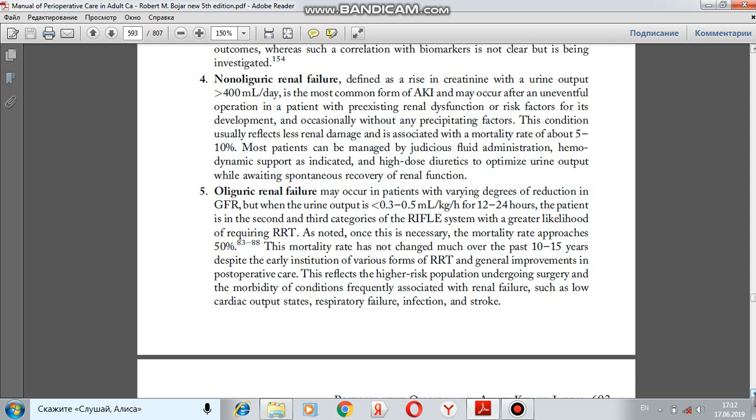This condition usually reflects less renal damage and is associated with a mortality rate of about 5 to 10%. Most patients can be managed by judicious fluid administration, hemodynamic support as indicated, and high-dose diuretics to optimize urine output while awaiting spontaneous recovery of renal function.